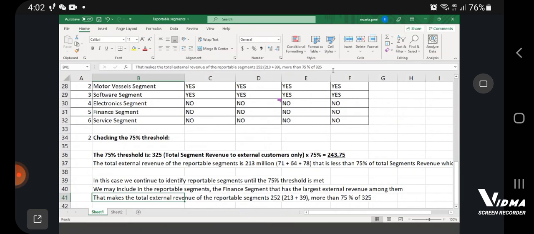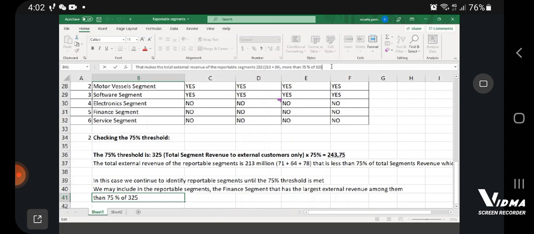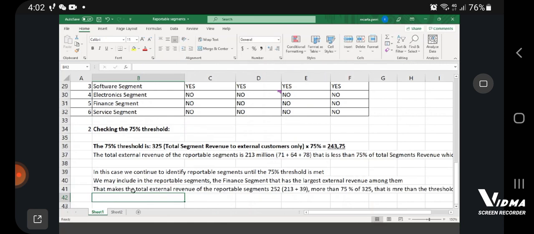That is more than 70% of 325. That is more than the threshold, 143.75 million of dollars. Okay, so this is what I had prepared about the segment treatment.